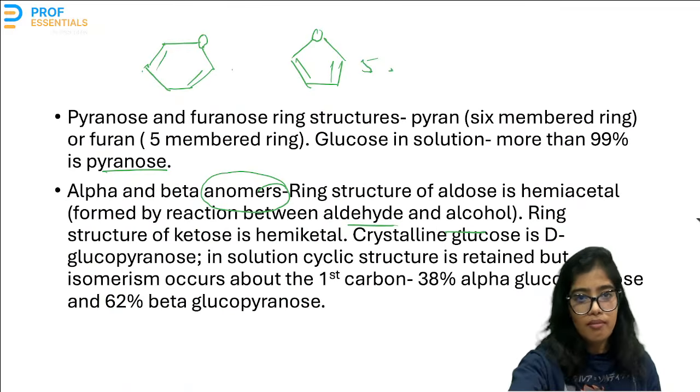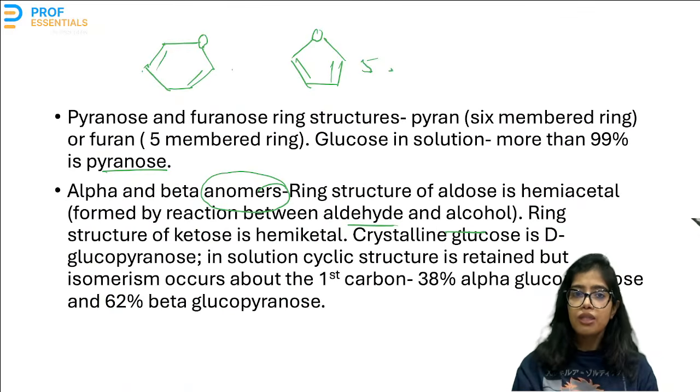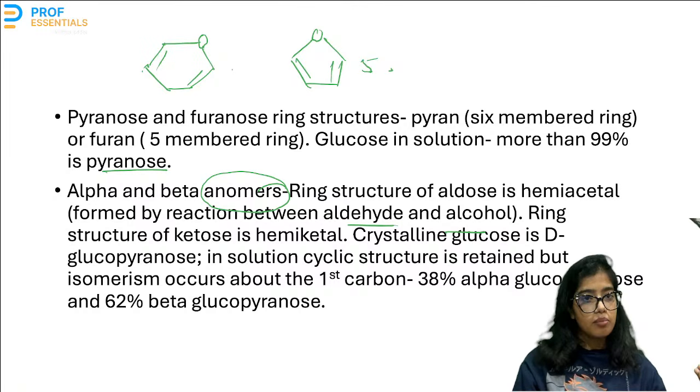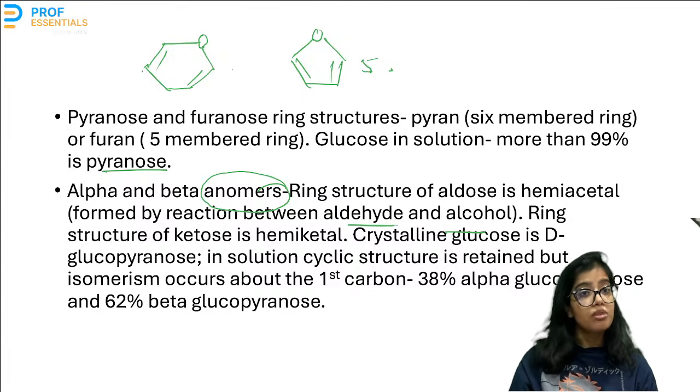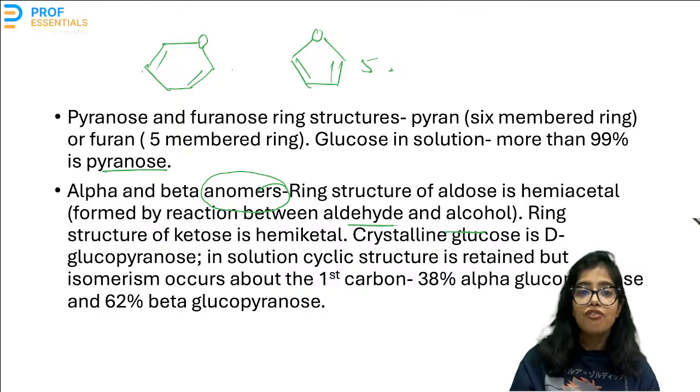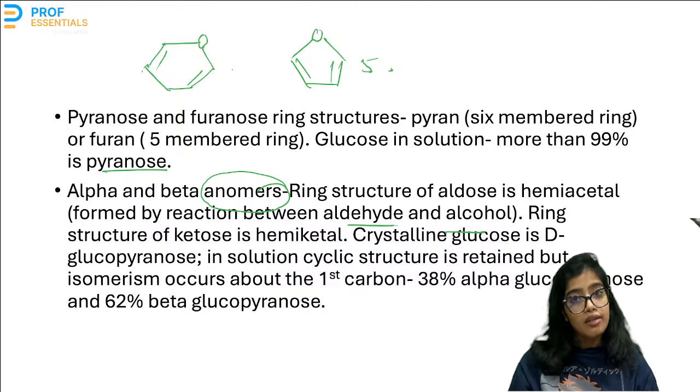Here, whenever the OH or H is present above or below the structure of the ring, then you have another type of isomerism, and you have alpha and beta anomerism here, that is also in ring type of structure.